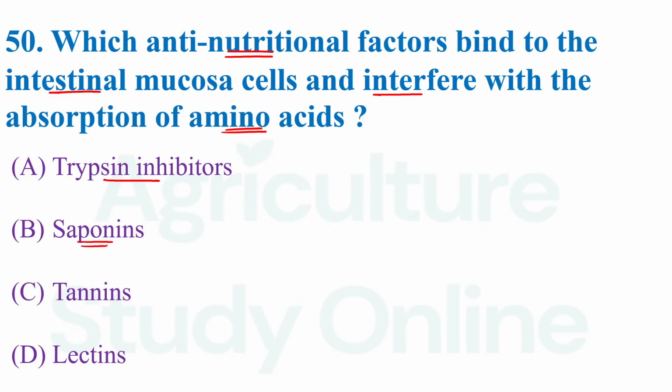Saponins affect the membrane permeability, so it's not specifically amino acid absorption via mucosal binding. Tannins bind the protein and reduce its digestibility, not directly related to the intestinal cells.